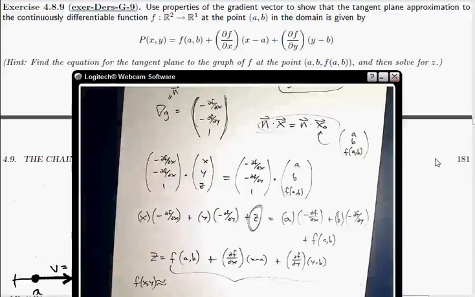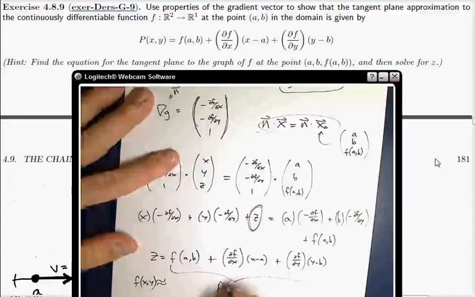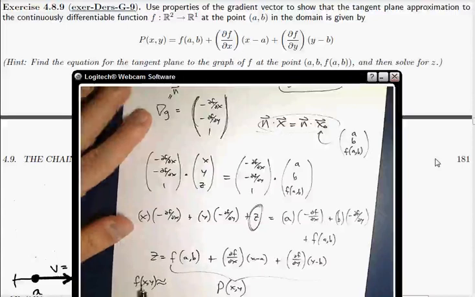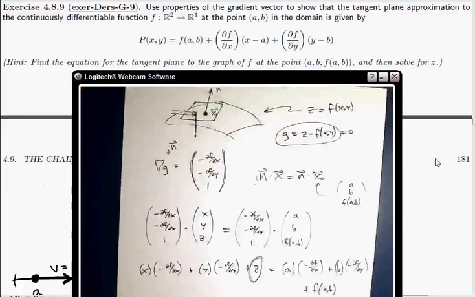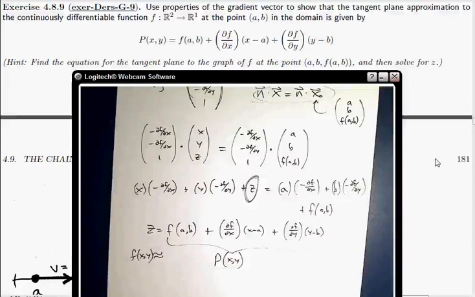We're going to call it the tangent plane approximation. We'll call it P for plane, I guess. P of x, y is a function that approximates the original function because it gives you this tangent plane. Does that make sense? And that's the equation we were supposed to derive for the statement of the problem.